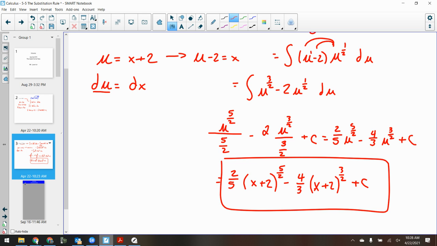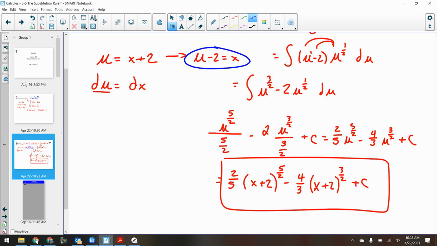Why was it weird? Because of this right here. That was the weird piece of this. Because there was still something that we had not seen. When you perform u substitution, you have to get all of the x values cleared out of the integral, make them all u, then perform the integral.